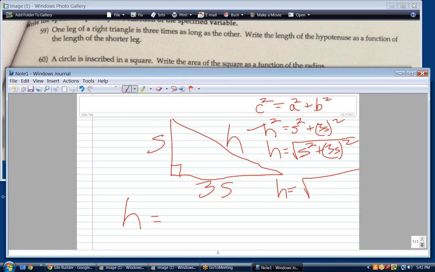What's s squared plus the quantity 3s squared equal to? Is it 4S? Square 3s. 9. 9s squared. S squared, yeah. So now you have s squared plus 9s squared.